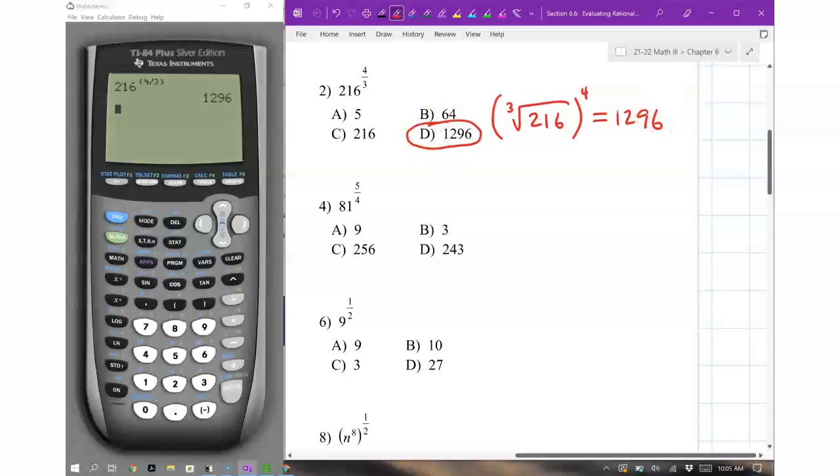Done. See what I mean? Heavy on the calculator part. The only time you have to do a little bit more is when there's variables, but we'll get to those right now.